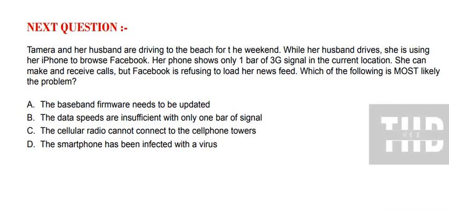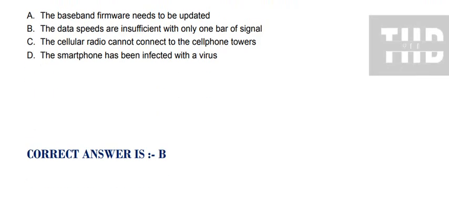And the options are option A the baseband firmware needs to be updated, option B the data speeds are insufficient with only one bar of signal, option C cellular radio cannot connect to the cell phone towers, and option D the smartphone has been infected with a virus. The correct option is option B.